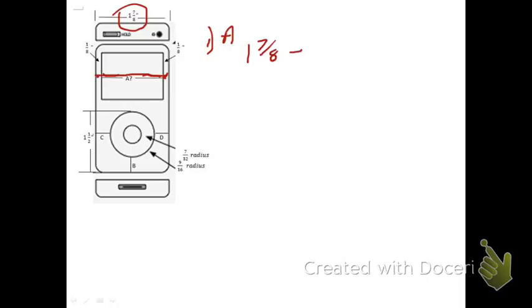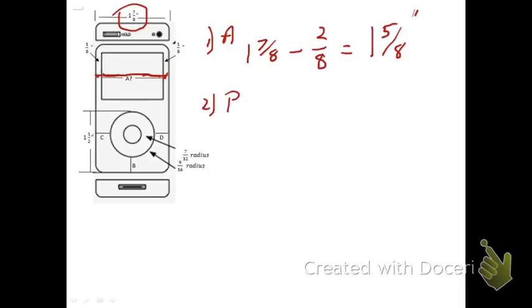Well, that's going to give me 2/8 that I'm subtracting, so let's go ahead and write it that way. And now 2/8 does reduce, but I want to subtract it from 7/8, so we're just going to leave it like that. So I get 1 5/8 inches. Okay, simple enough.